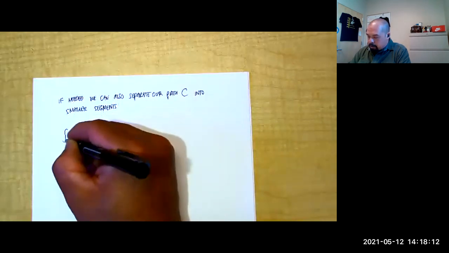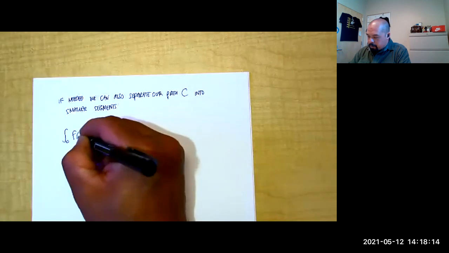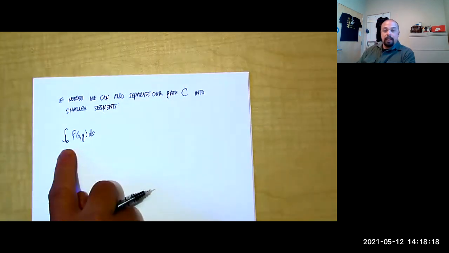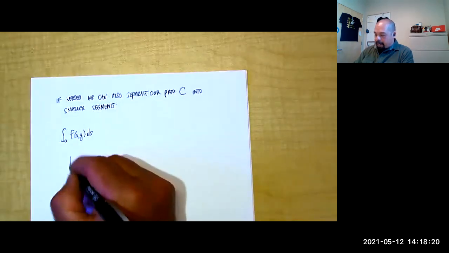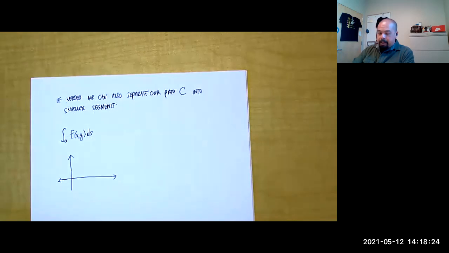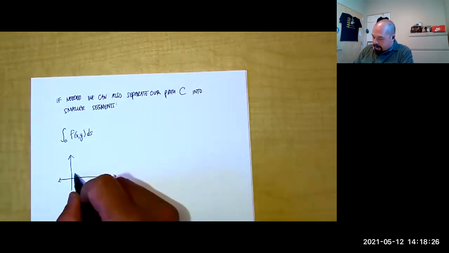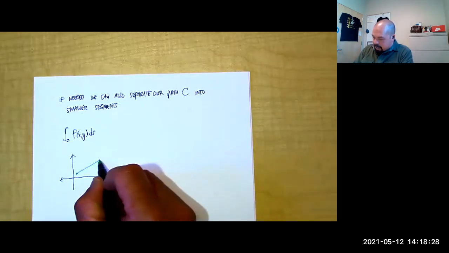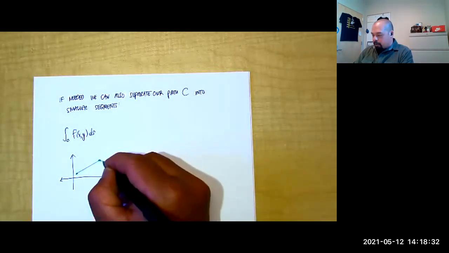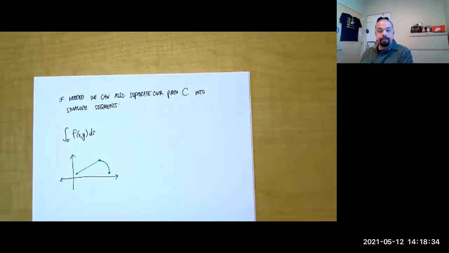So for instance, if we're integrating over C our function f of x, y, and our curve C is something like this, where maybe we start here, this line going upwards, but then it starts to turn into a parabola, half a circle, whatever it is, right?